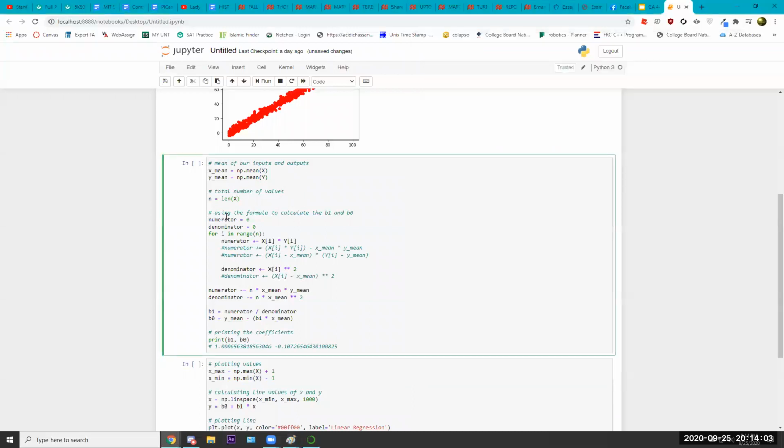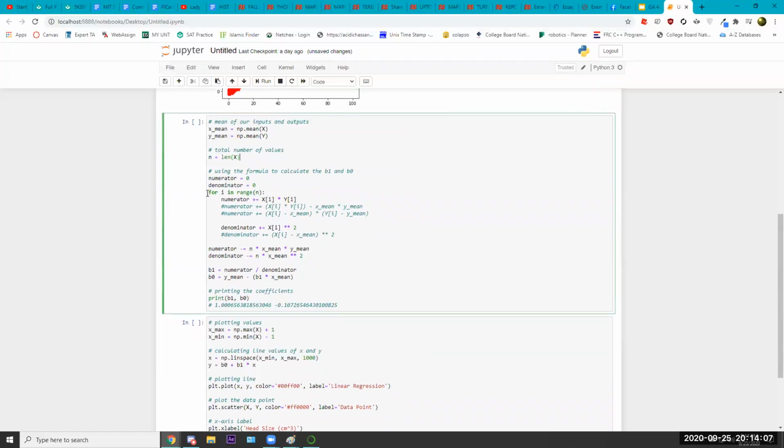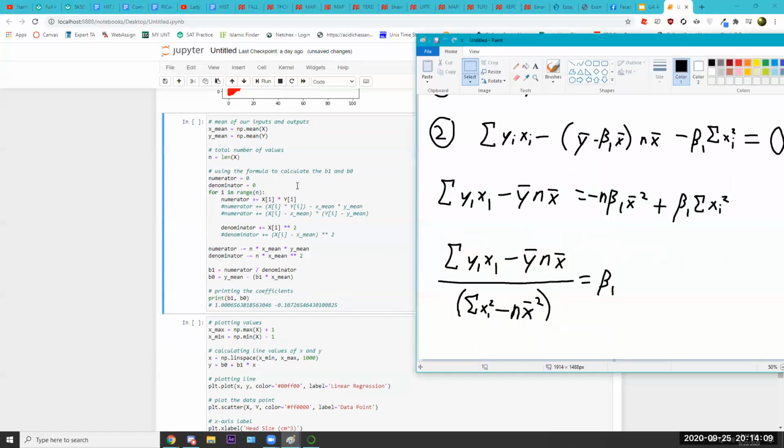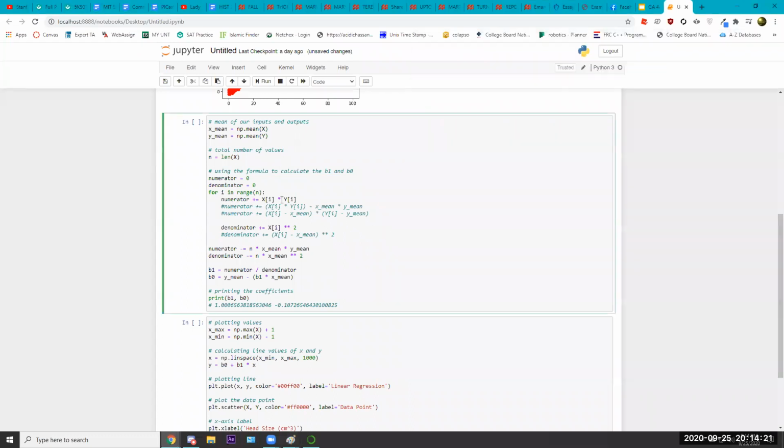And so now we're actually doing the formula here. So for i in range n, this is essentially implementing the sum operator here. So for i to n, what we're saying is that our numerator, we're adding xi times yi.